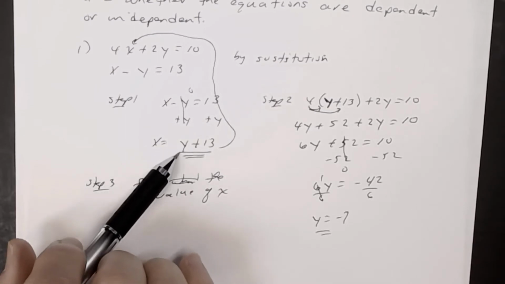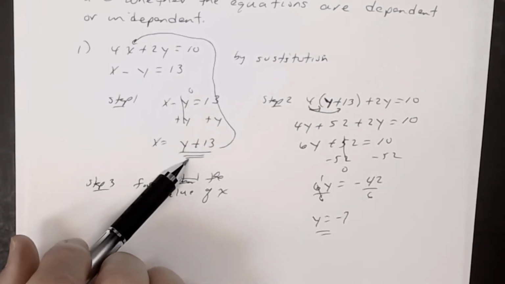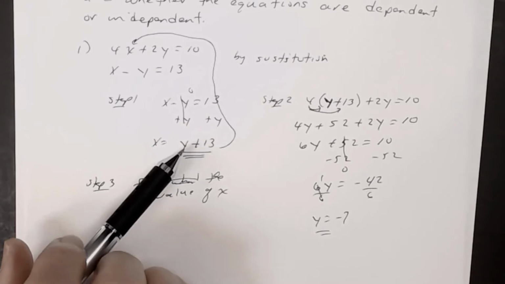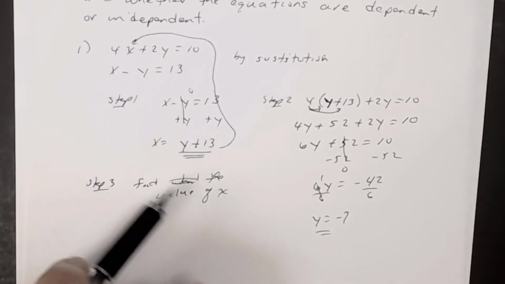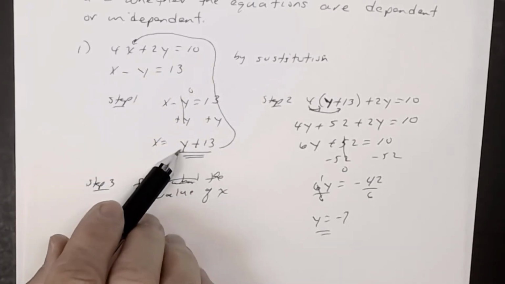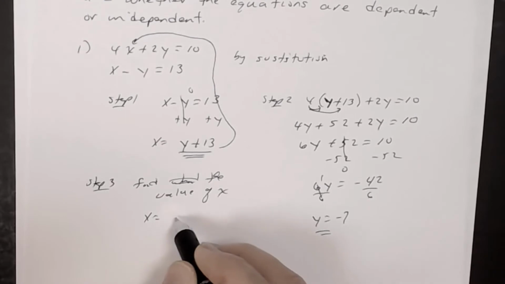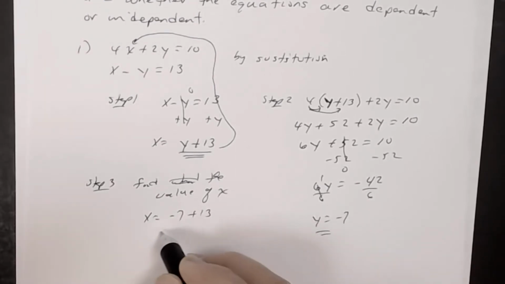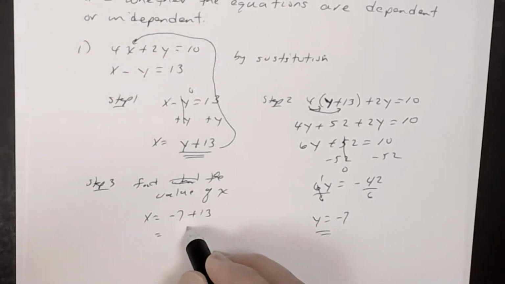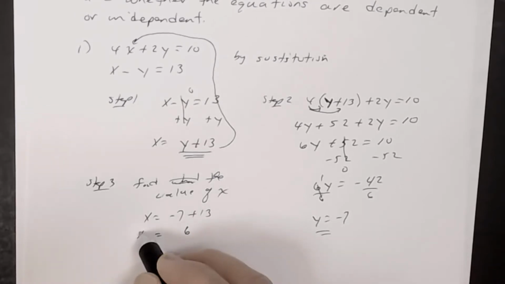Now, that's assuming that all this is correct. If you're not sure, then just go back to one of the original equations. But I'm going to go back here, and in place of y, I'm going to substitute negative 7. So I get x equals negative 7 plus 13, which gives me 6. All right, so x equals 6.